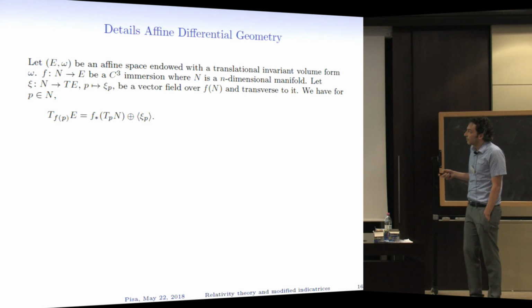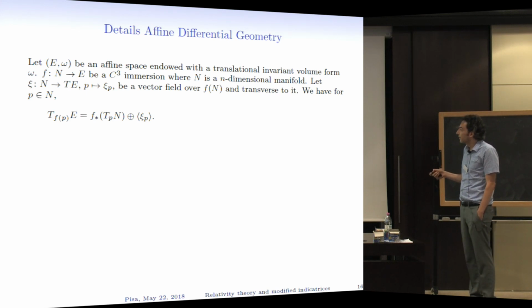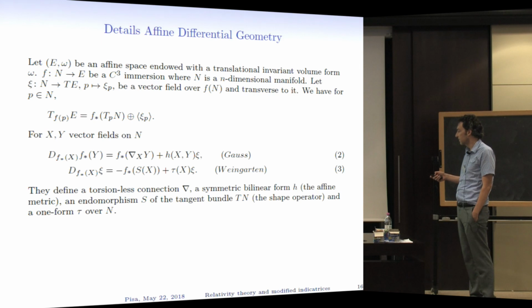So here are some more details on what is going on. You take the affine space with this volume form, you take the immersion F of this manifold N of codimension 1. You take a distribution of transverse vectors. So you can now split any object, for instance vectors tangent to your affine space, into elements tangent to the hypersurface plus elements proportional to the transverse vector.